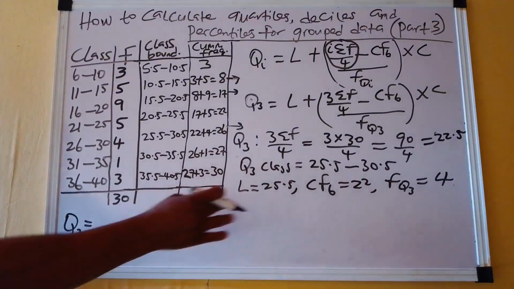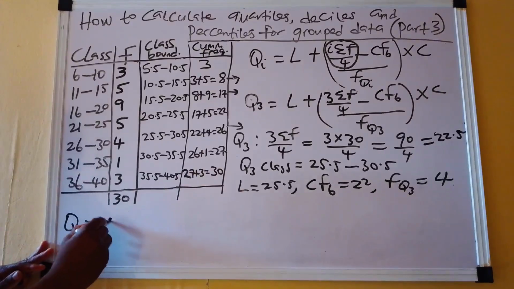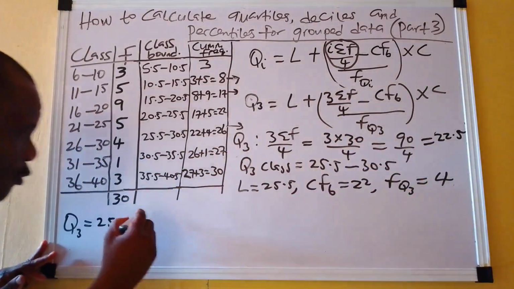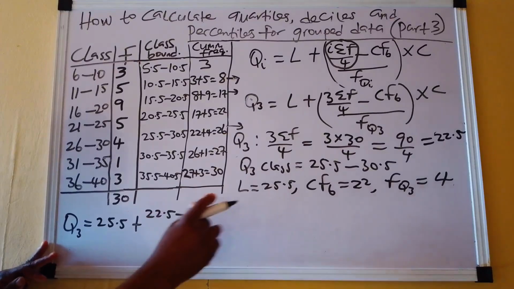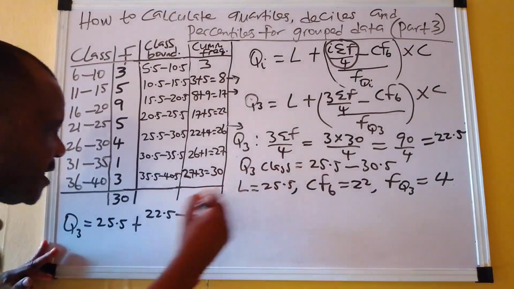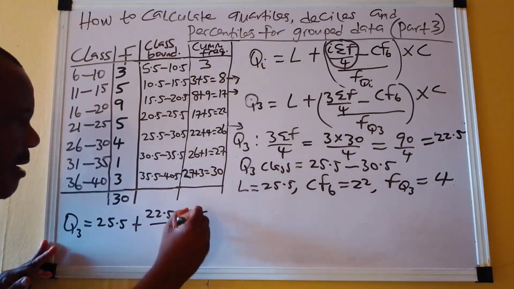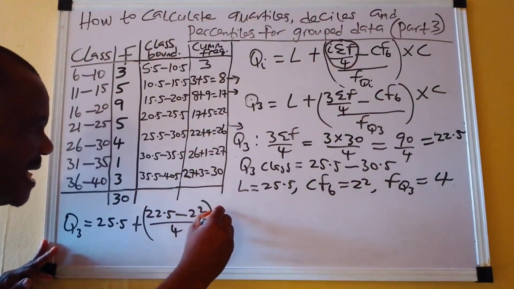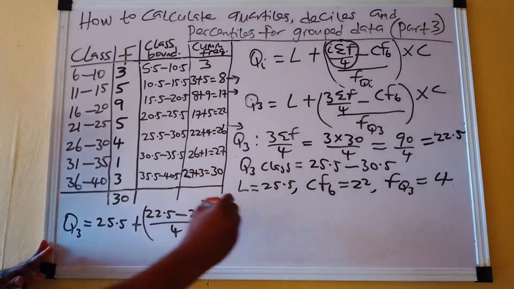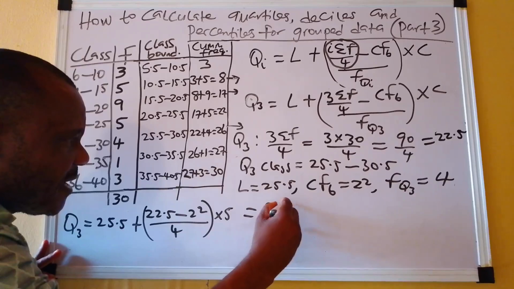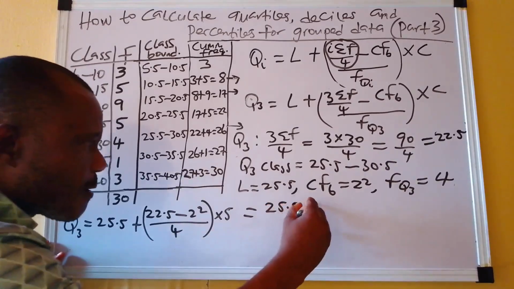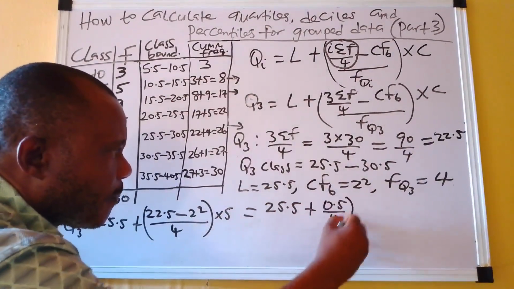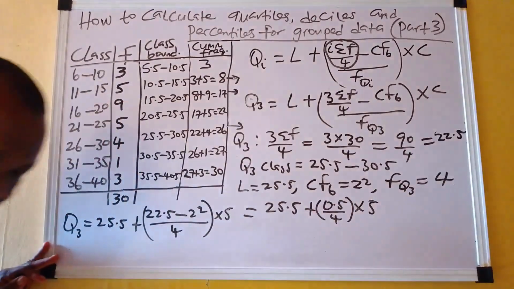Our Q3 will be equal to the lower class, which is 25.5, plus 3 summation F, which has been calculated to be 22.5, minus the cumulative frequency before it, which is 22, all over the frequency of that class, which is 4, and of course our class width is 5. So this will now be equal to 25.5 plus 22.5 minus 22 is 0.5, all over 4 times 5.